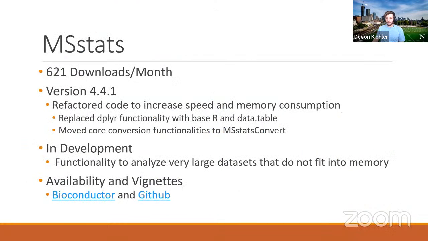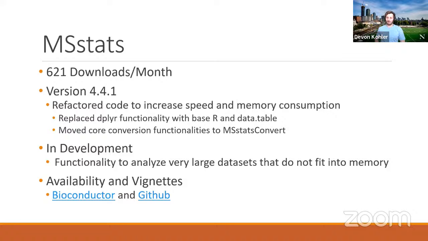Okay, so first let's go through MSstats. Let's just start with the downloads. Over the past year, we've seen 621 downloads per month for MSstats. The current version is 4.41, and this includes some refactored code, which was actually implemented previously, but I want to go over it because it did increase the speed and decrease the memory consumption of the package.